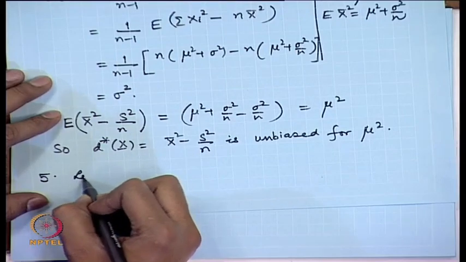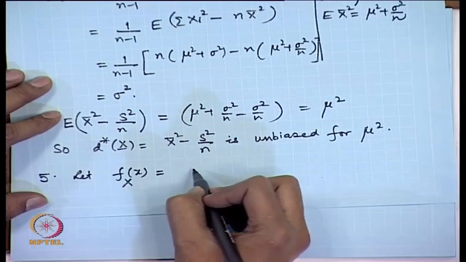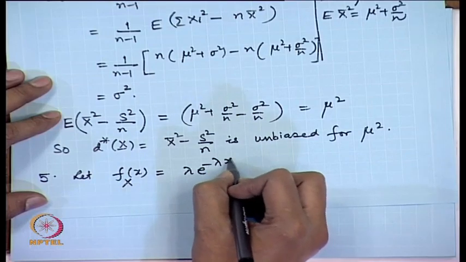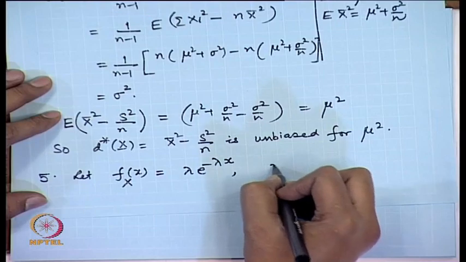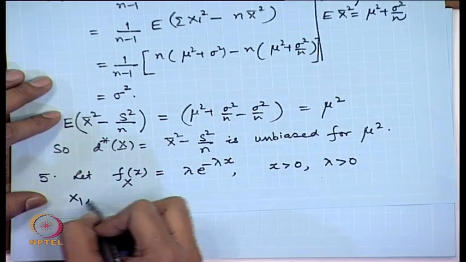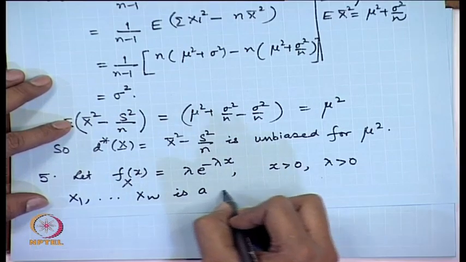Let us consider, say, X having a density of the exponential distribution, lambda e to the power minus lambda x. Let X1, X2, ..., Xn be a random sample from this population.